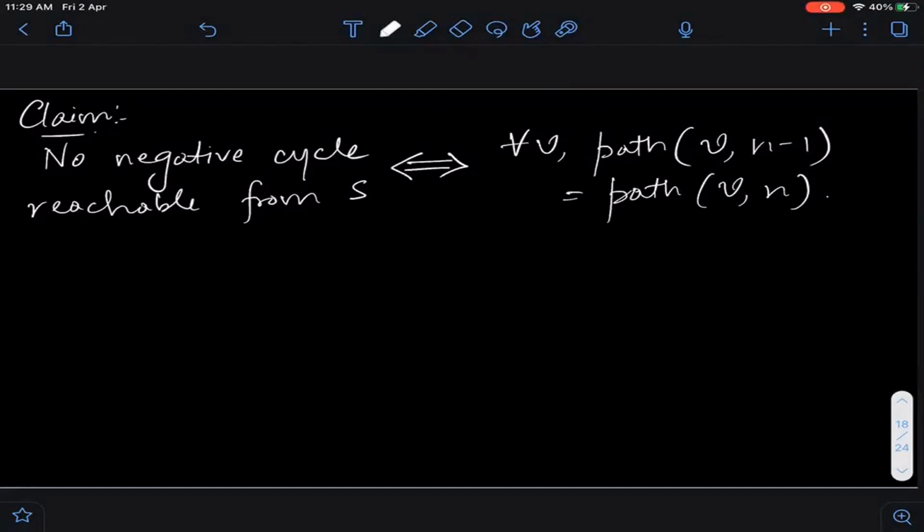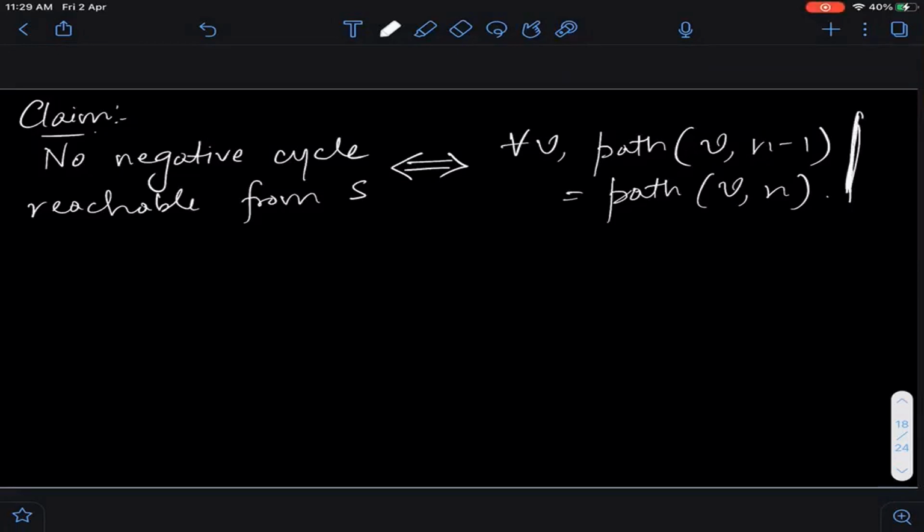So I have to prove both the directions, right? If there are no negative cycles reachable from S, then this implies that this should hold for every vertex. But if this holds for every vertex, then I should also be able to prove that there are no negative cycles in my graph.